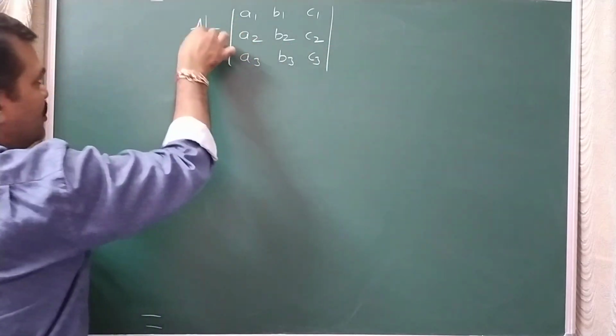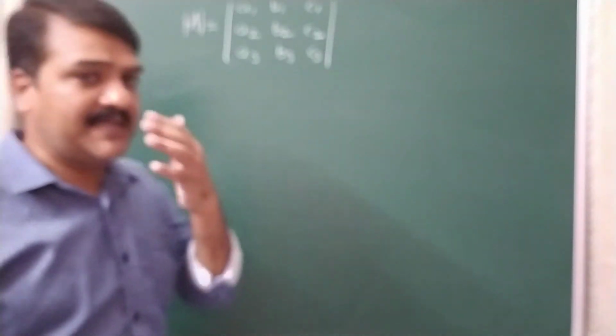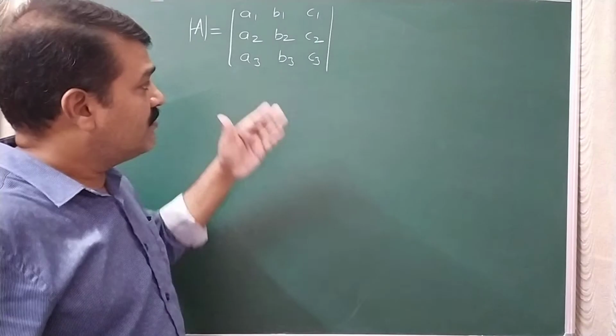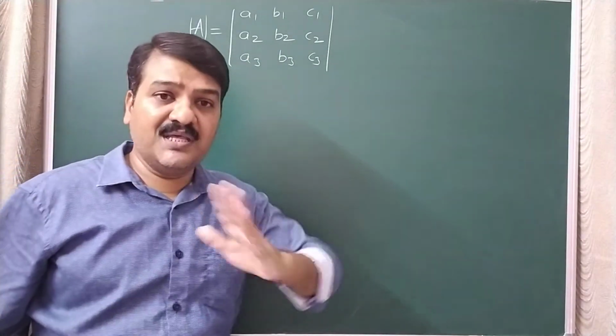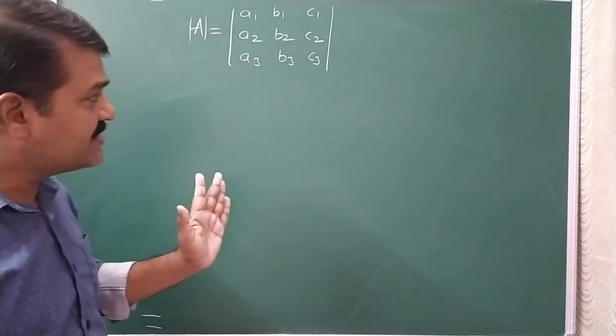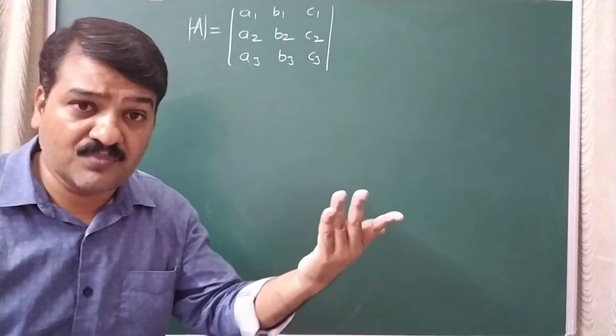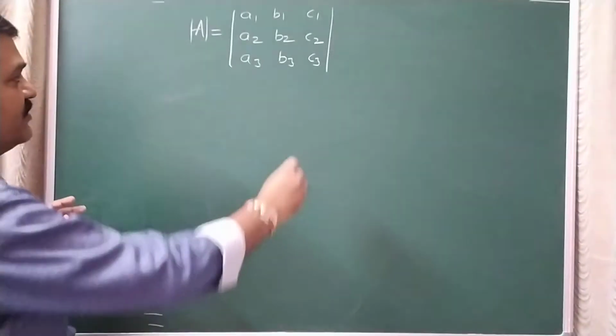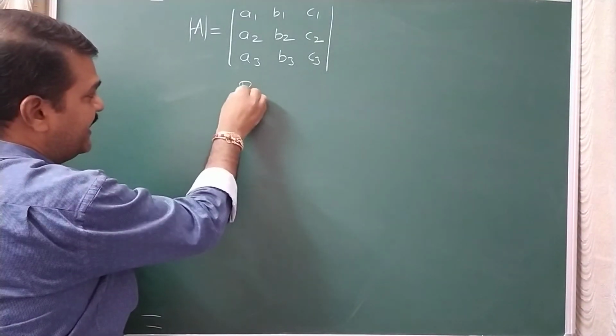So for example, you have a determinant of a 3 by 3 matrix like this. Here we can multiply all the elements of a row or column with a constant and add to some other row or column. So for example, I can take the second row.